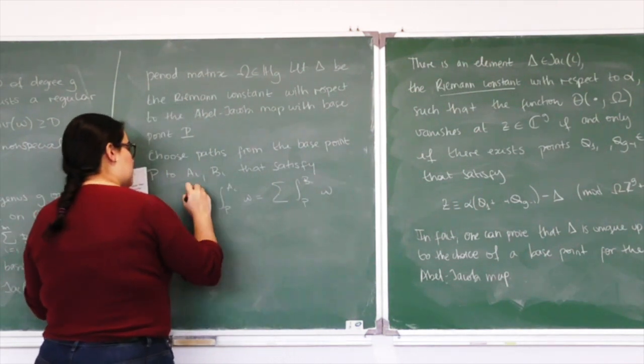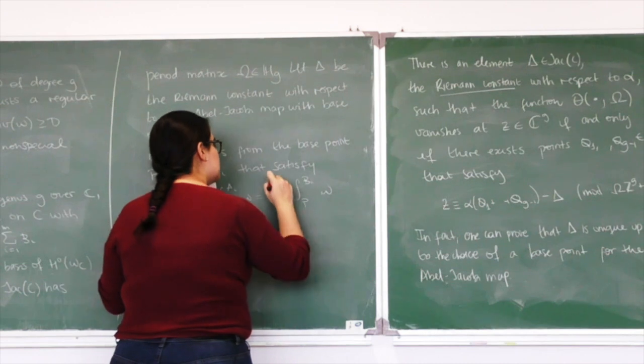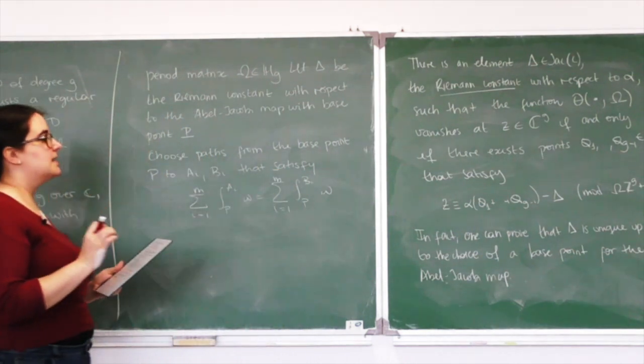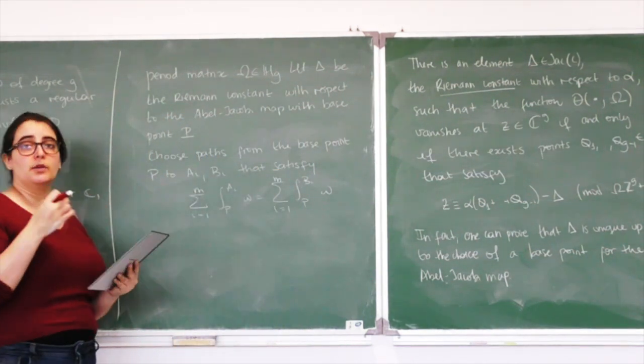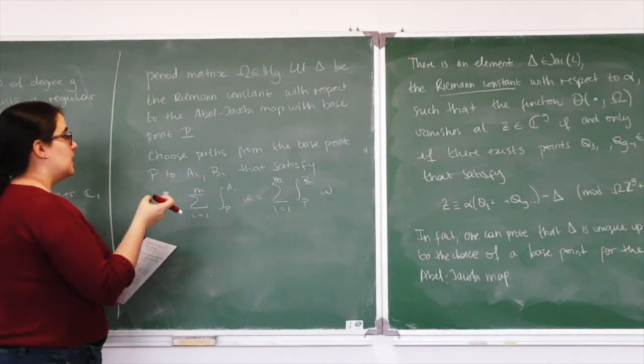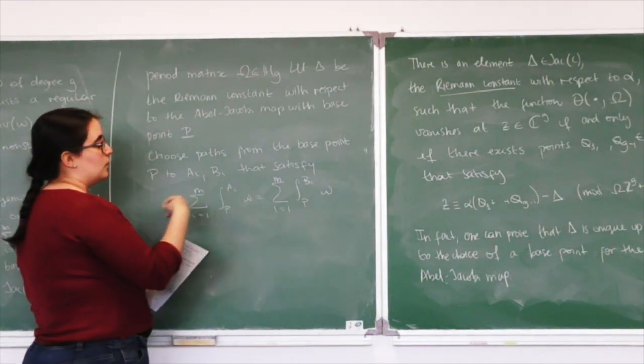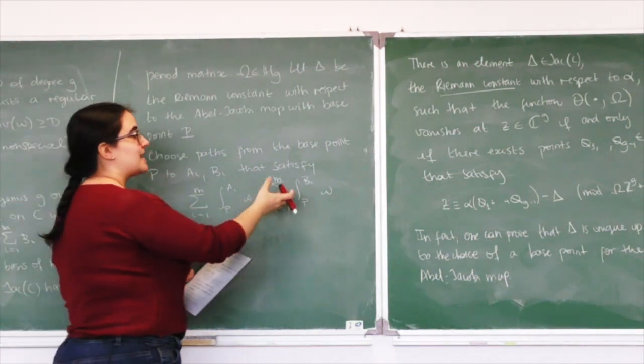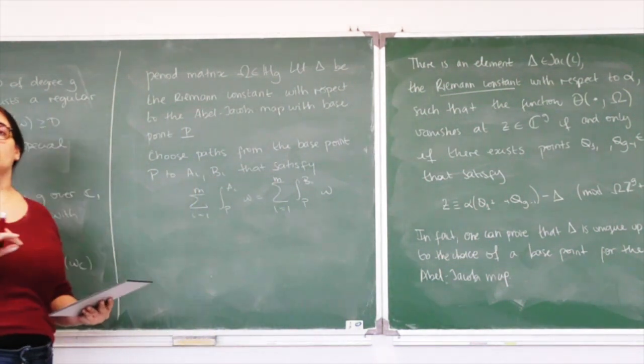Here i goes from 1 till m in both sides. And this is actually a very tricky point of the theorem. What we are saying here is that we have chosen paths so that these sums are exactly the same. Here I'm not saying modulo the lattice.